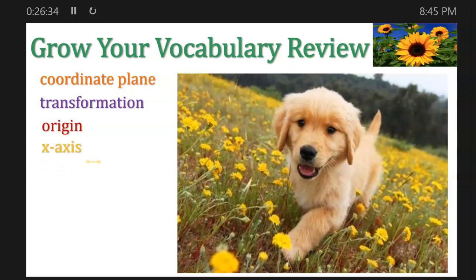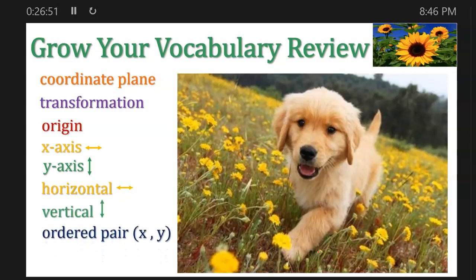The x-axis is our horizontal axis, or the one that goes left to right. The y-axis is our vertical axis, or the one that goes up and down. Horizontal, once again, is left and right, and vertical is up and down. Ordered pairs are always in the form of X then Y, so remember that's alphabetical order.